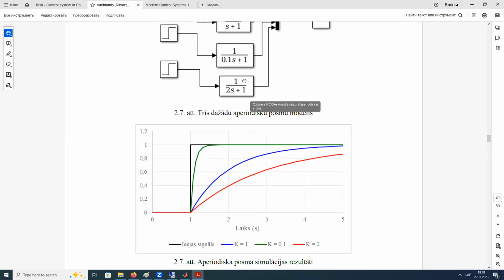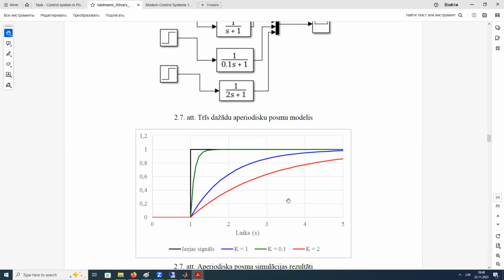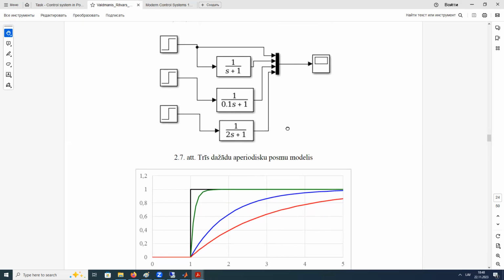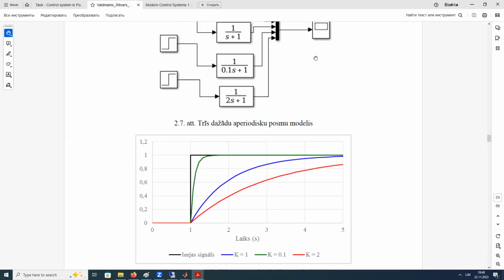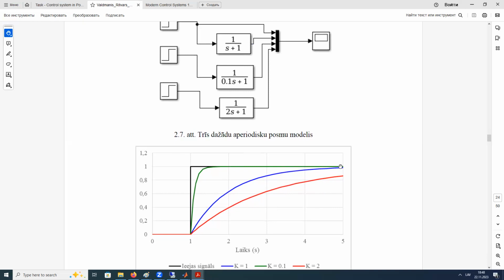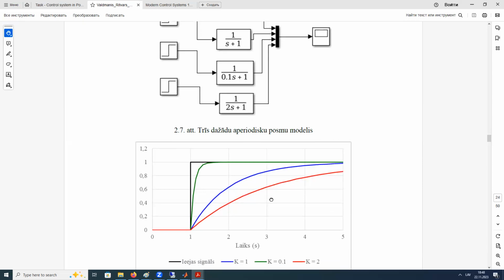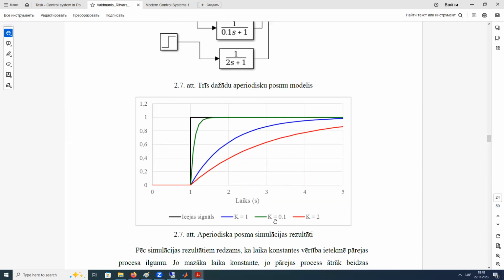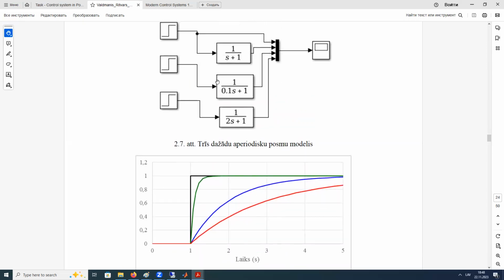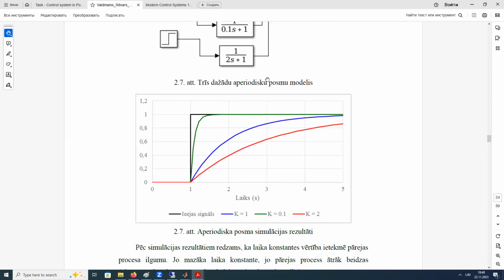If this coefficient is very small, it means that the output signal tries to represent the input signal and goes very fast, because with this small coefficient, we decrease the impact of this block. As a result, in a very small amount of time it reaches the input signal value.